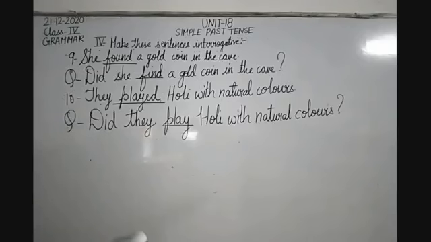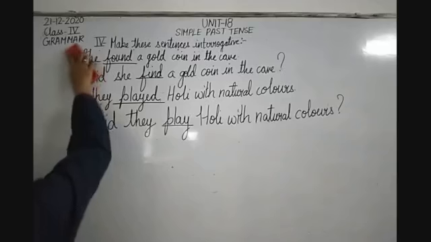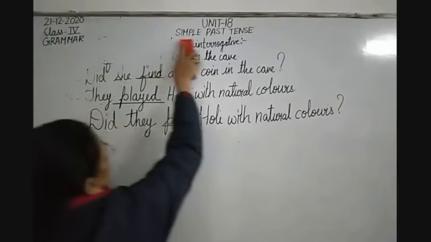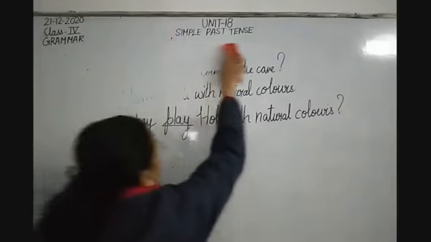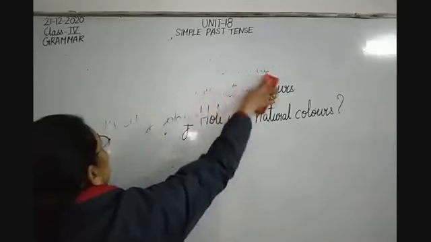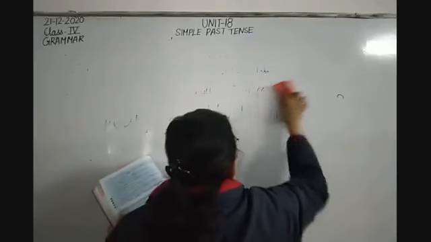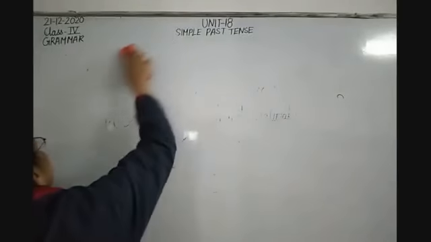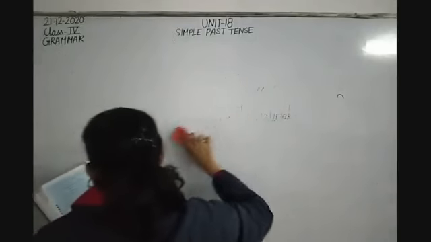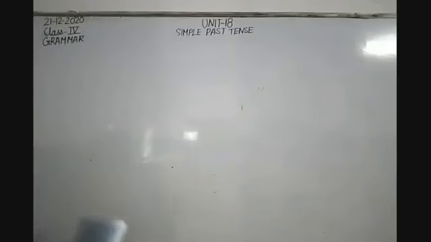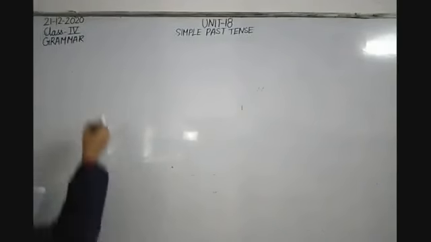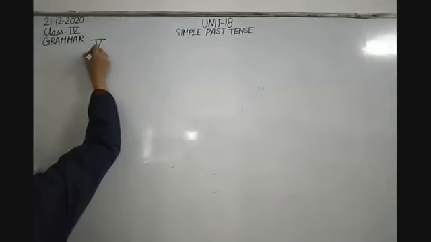Now I'm going to erase this and start with exercise 5. And exercise 5 is the last exercise of unit 18, that is simple past tense. And we need to write a paragraph describing how you spend your autumn break in simple past tense. So, exercise 5.